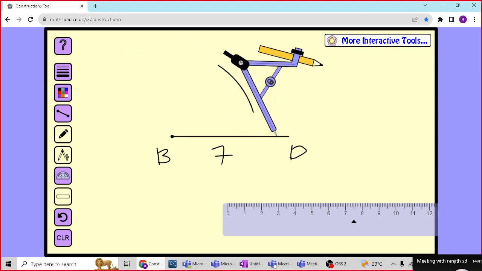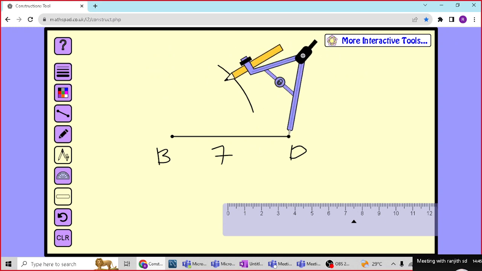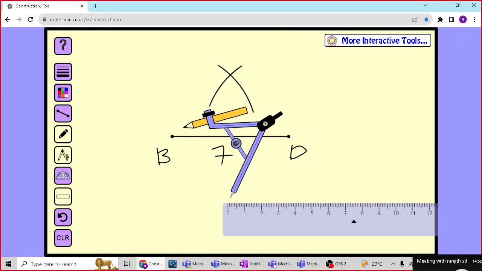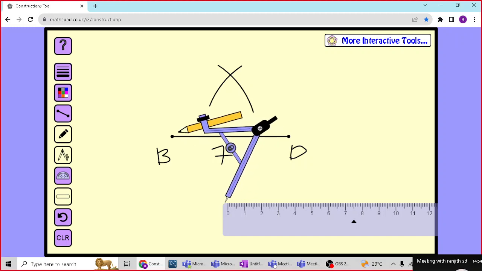You get it like this. And what about BA? How much is BA and AD?